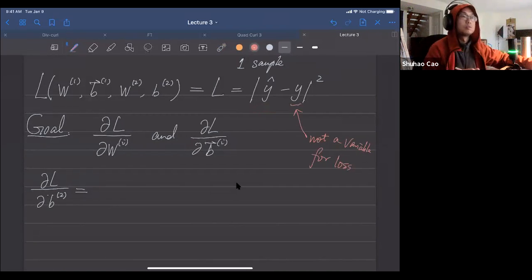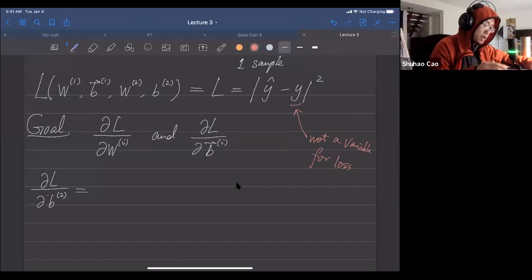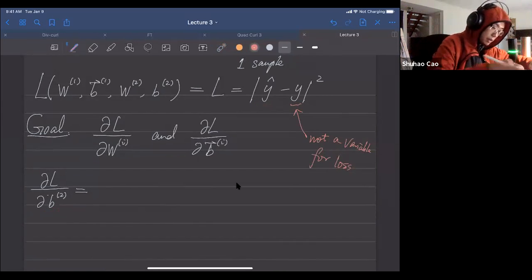The loss function uses the parameters as its independent variables. So the parameters are all here. This is our data. The loss function treats data as constant. So when we take derivative, it's taking this derivative, right?